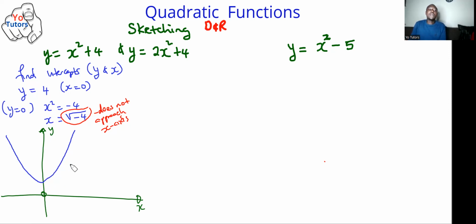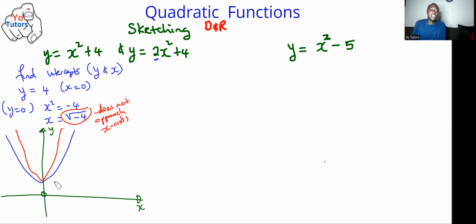Now, what about y is equal to 2x squared plus 4? Check here, we have got the 2. It means that it stretches our graph, or it becomes narrow, it shrinks our graph. So in this case, the graph of 2x squared is going to be like this. It's going to be touching again at 4, then goes up.